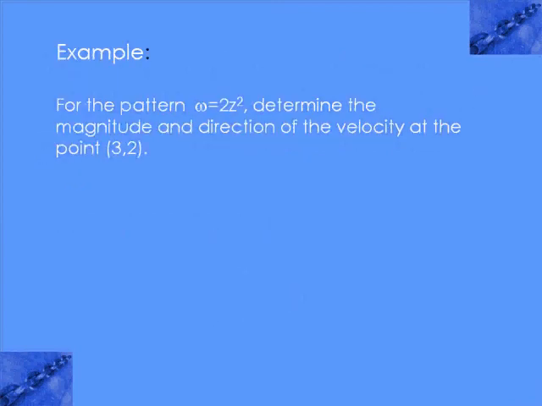I have here a very simple example to demonstrate how to apply this idea of complex velocity to determine the velocity at a point for a given analytic function, a complex function omega, which is 2z squared. We are to determine the magnitude and direction of the velocity at the point 3, 2, meaning 3 plus 2i in the complex plane.